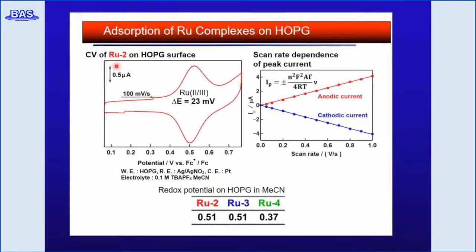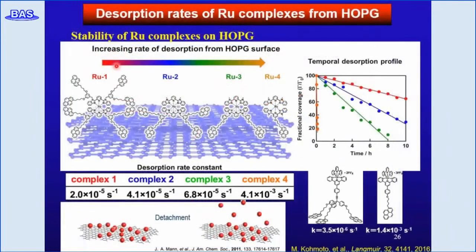You can see that the symmetric adsorbed CV waves for ruthenium 2,3 couple was observed, and the peak current is linear relationship of the scan rate. Ruthenium complex with pyrene group is immobilized non-covalently.